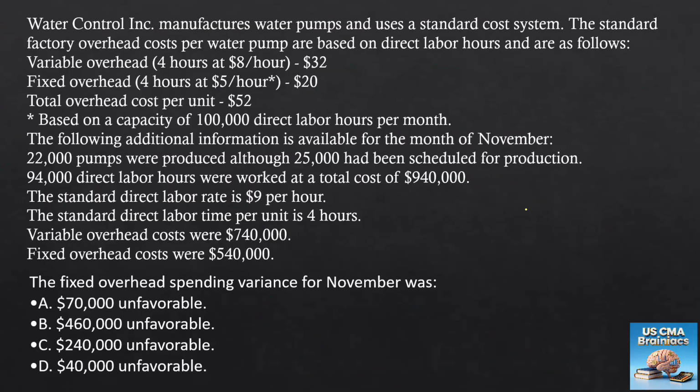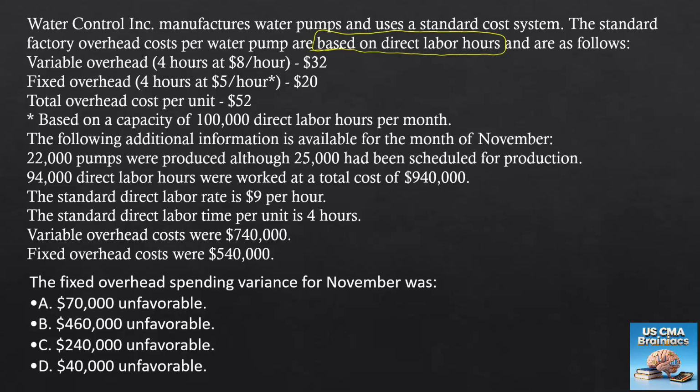Pratik, can you read the question? Water Control Incorporation manufactures water pumps and uses a standard cost system. The standard factory overhead costs per water pump are based on direct labor hours and are as follows. In this type of question, we first need to look at what is being asked.